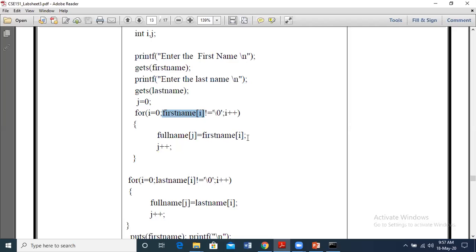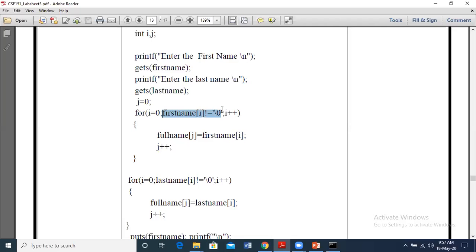First name of 0, letter by letter. We are copying the first letter to full name of 0 because J is 0. So first name of 0, C, is copied to full name of 0. Next we are incrementing J by 1. It becomes 1. Next again I also will be incremented to 1. Then first name of 1 is compared to null.